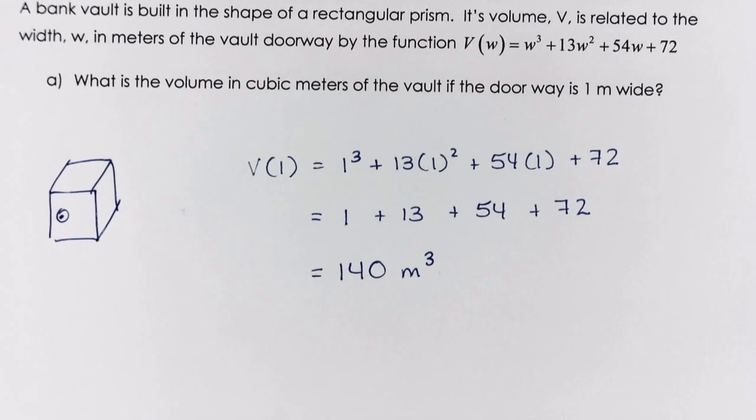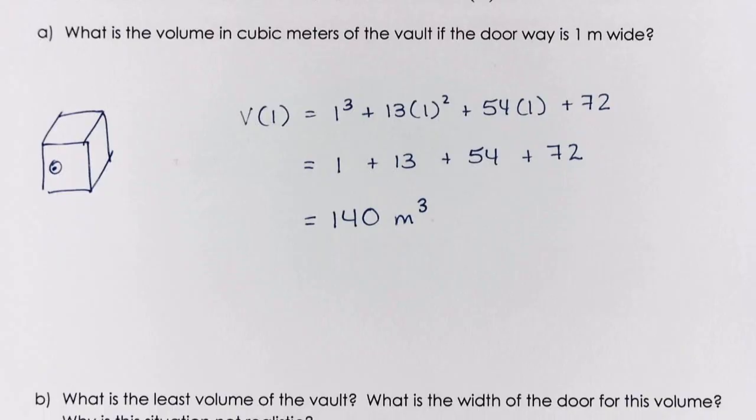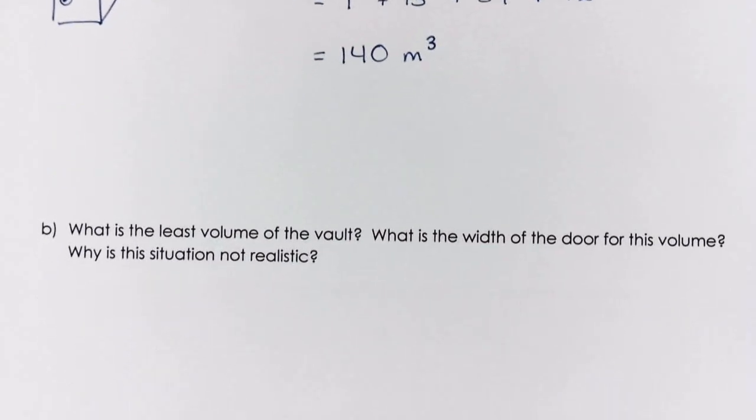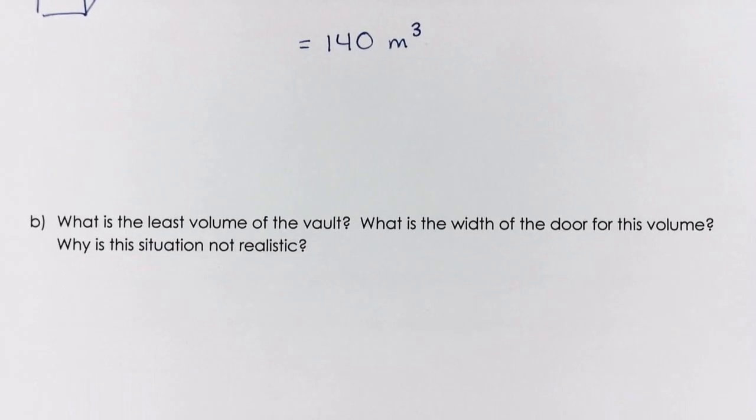What is the least volume of the vault? And what's the width of the door for this volume? And why is this situation not realistic? What's the least volume you could have for the vault?